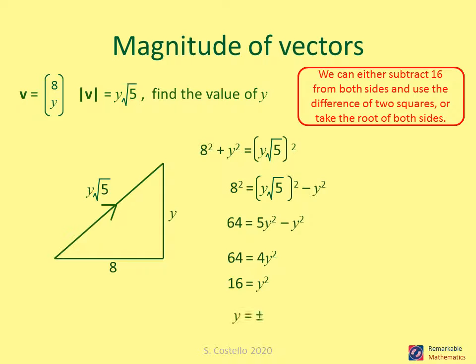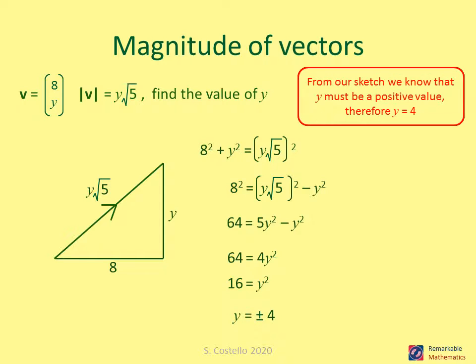But here we're going to take the square root of that, so we have y equals plus or minus 4. From our sketch, we know that y is a positive value. It's actually a length. So you can't have a length of minus 4. It can't be minus 4 long. So y equals 4.